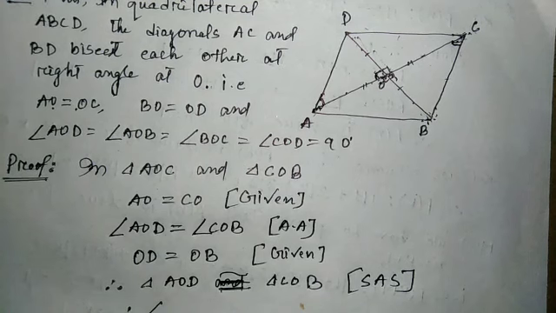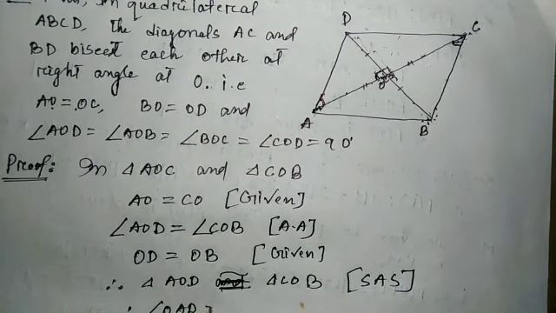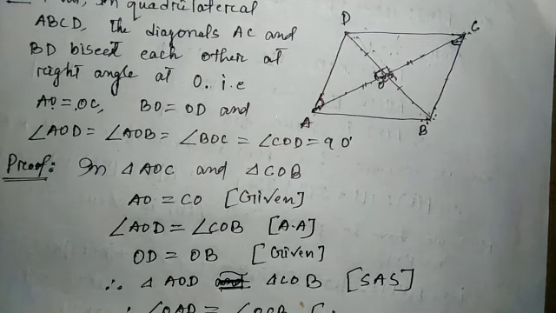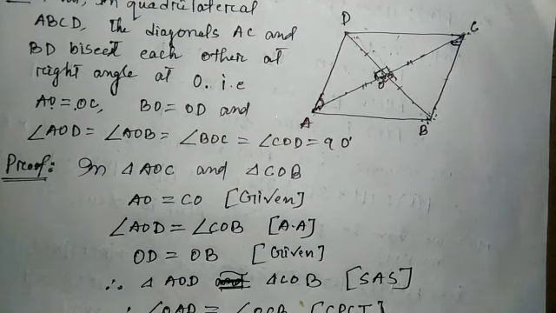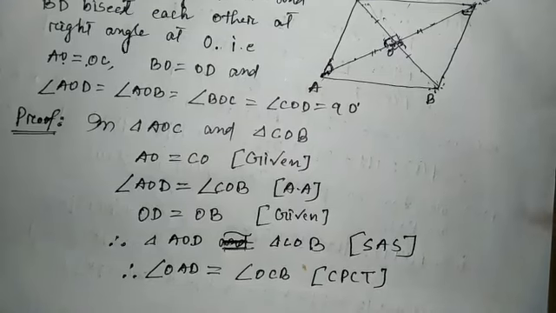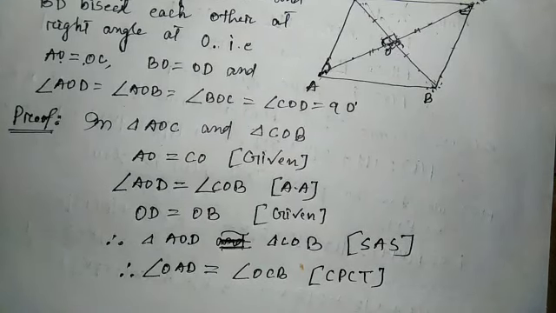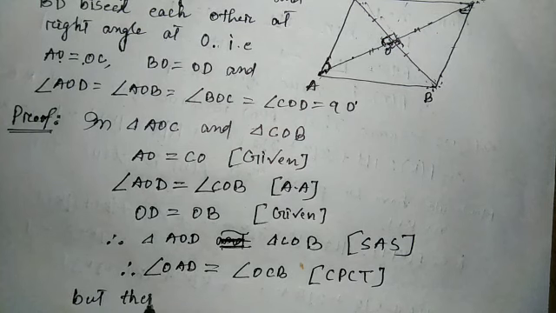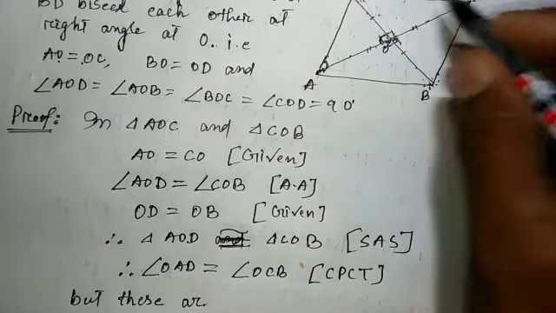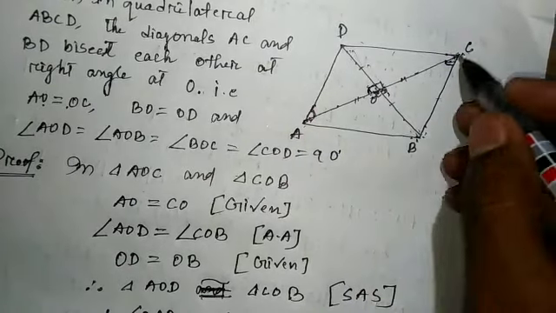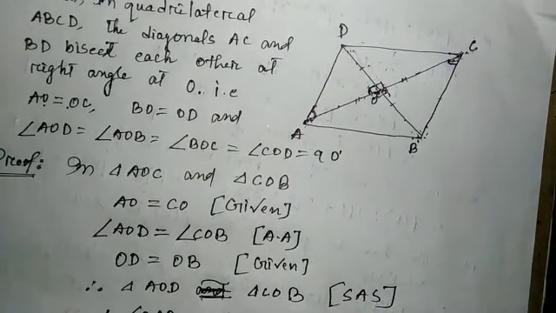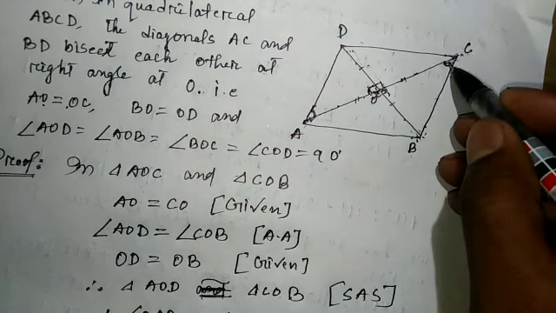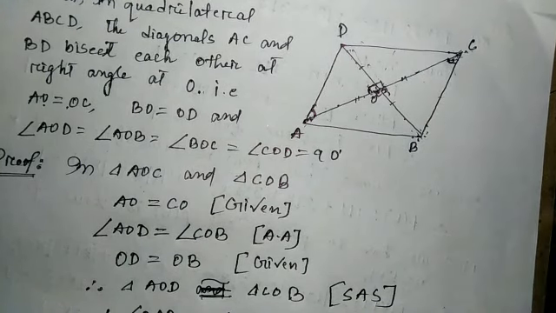Therefore angle OAD is equal to angle OCB, by CPCT, corresponding parts of congruent triangles. But these two angles OAD and OCB are forming alternate angles and are equal.